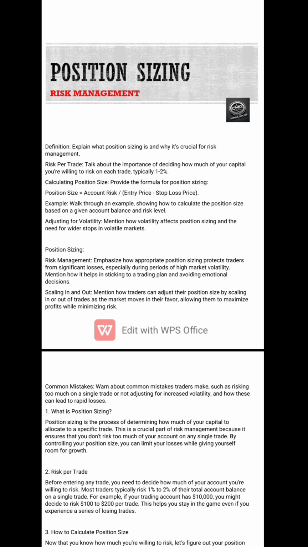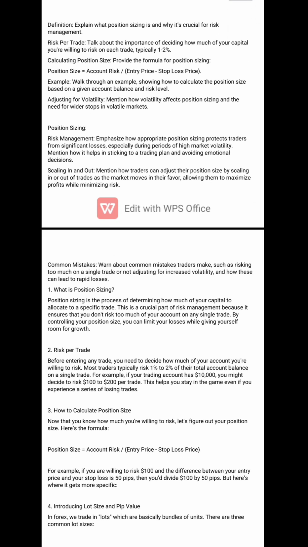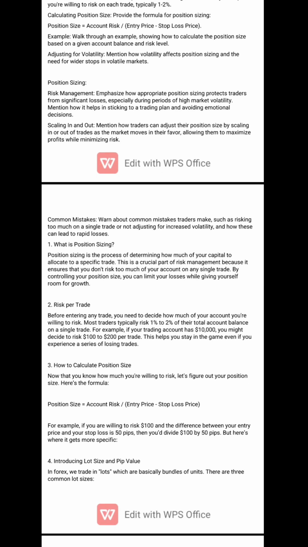So we talk about volatility, how we can adjust, make use of this key term, and then we move to position sizing. So now let's look at what position sizing is. After this, we'll do practicals. I'll show you some typical data. Now, risk management: emphasize how appropriate position sizing protects traders from significant losses, especially during periods of high market volatility.